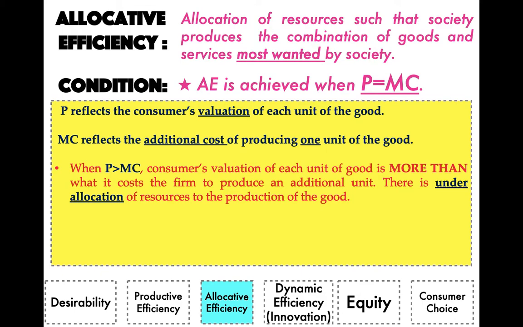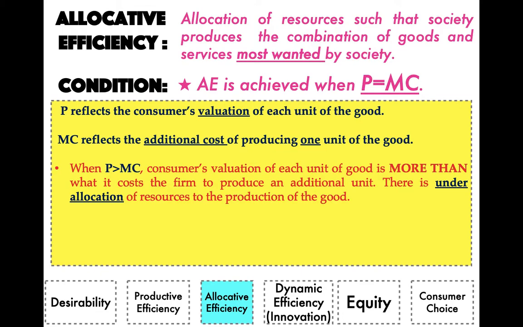Okay, because when this happens, you observe that the price is actually higher than what it costs the firm to produce, right? P larger than MC. Okay, so this indicates under allocation of resources and it is not allocative efficient.